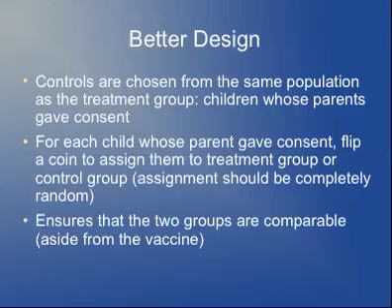So basically, the idea is if a parent doesn't give consent, the child doesn't even make it into the study. They're excluded completely. You might say that's horrible, we're wasting data, but as it turns out, a lot of times in statistical analysis, you don't need a huge sample size to produce the results that you want, and you may be able to get away with a smaller data set.